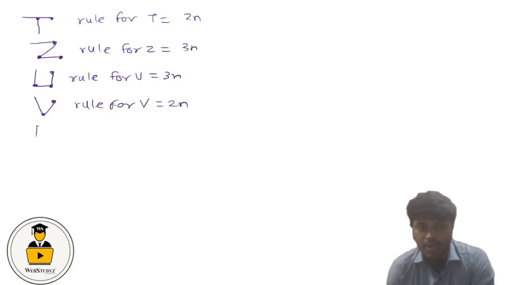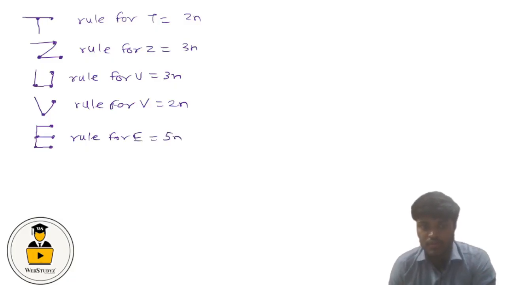Then for letter E, we will require 5 matchsticks. Then for S, we will require 1, 2, 3, 4 and 5. So the rule for S comes out to be 5n.